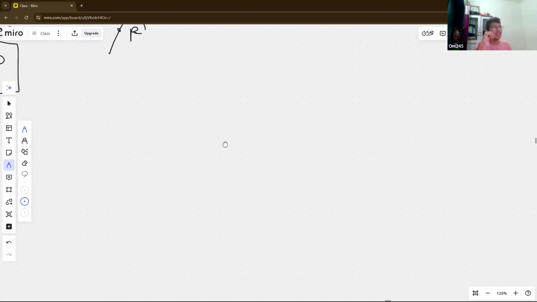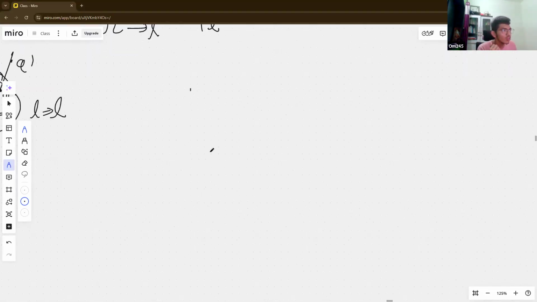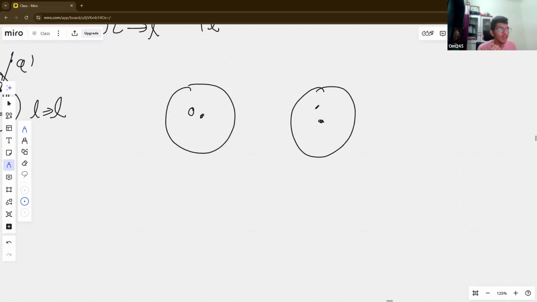I guess they are saying something different. If you consider some circle, another circle O, and suppose this is circle tau with center N, and it gets inverted to this, the center will not map to the center.